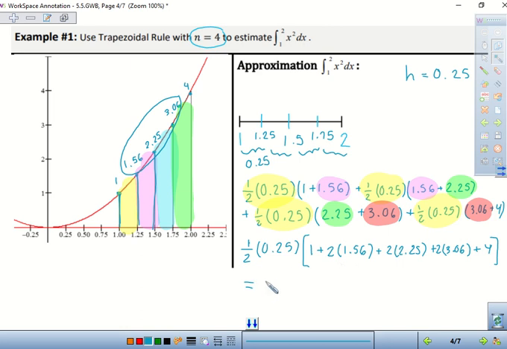And you should get about 2.34 when you do the calculation. So does anybody have any questions for me about any of the parts? And do you all see now why the formula works the way it does? So I didn't want to just jump in using the formula because I wanted you to have an understanding of the reasoning behind why the formula works. But now that you've seen it, we can go ahead and use it. Okay.